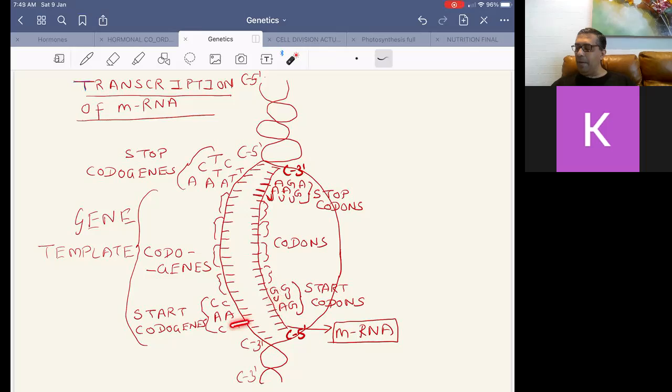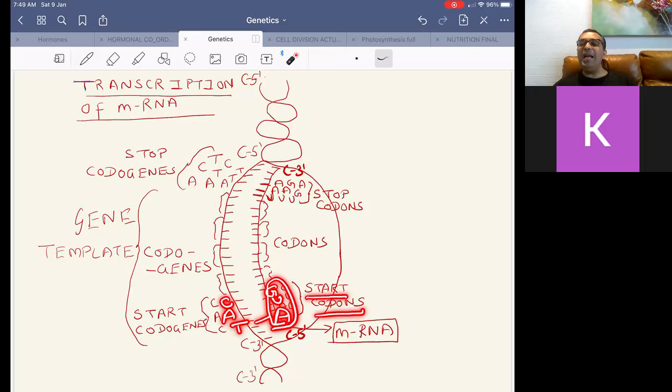So what will thymine attract? Adenine. What will adenine attract? Uracil. And what will cytosine attract? Guanine. And what is that first sequence? AUG. AUG is called the start codon.